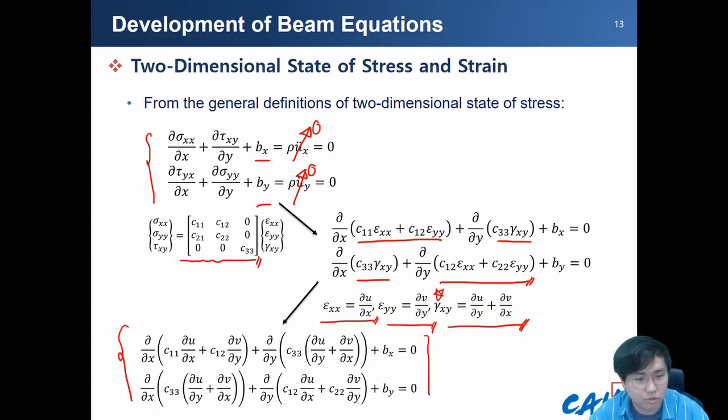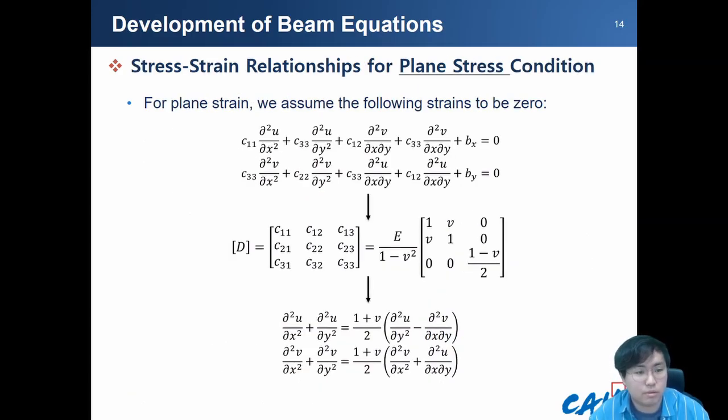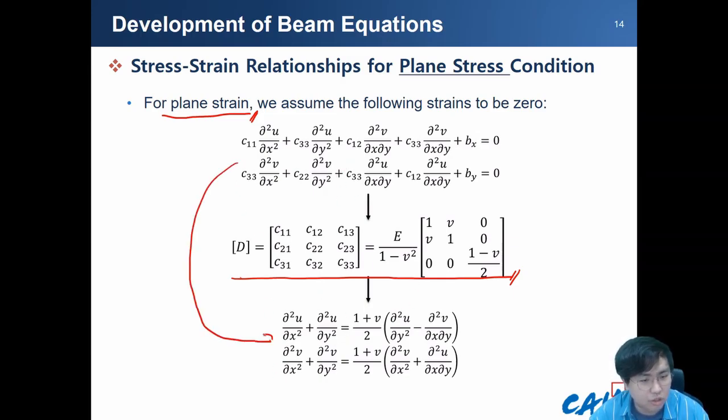Here we don't have any assumption of plane stress or plane strain yet. Depending on your system, when we assume that the 2D system follows the plane strain assumption, we can change the elastic stiffness matrices, and these two equations look like this.